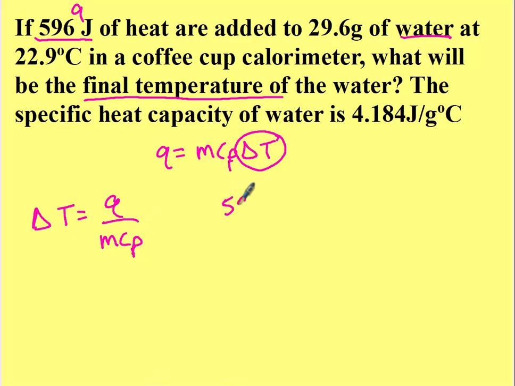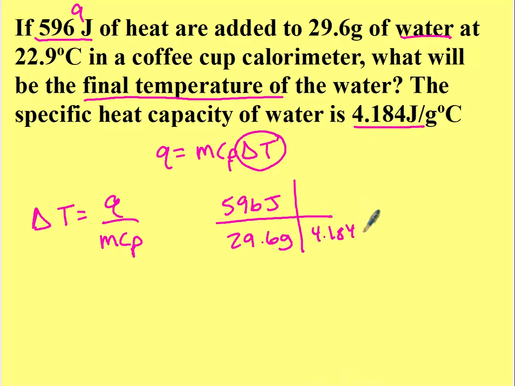Our Q was 596 joules. Our mass was 29.6 grams. And our Cp is 4.184 joules per gram degrees Celsius. Our joules cancel out, our grams cancel out, leaving us with degrees Celsius.